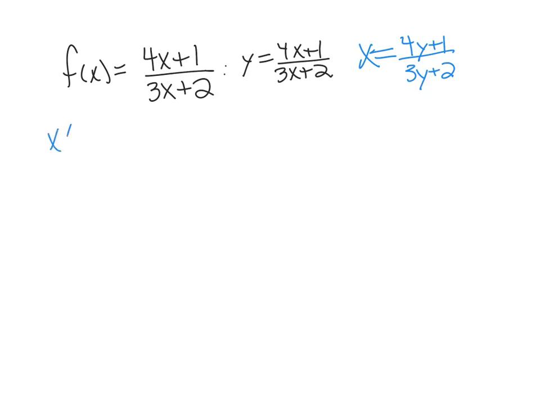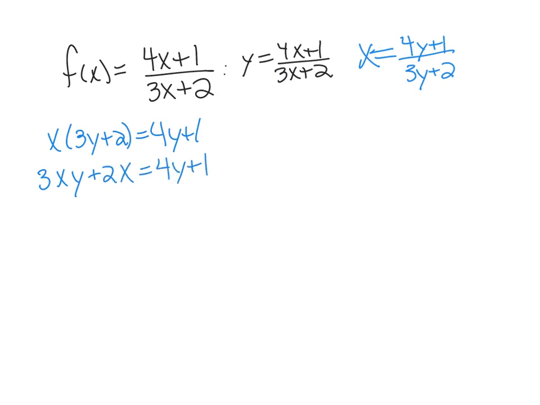Multiply away the denominator. Distribute the x. Be careful. And now I want to get my y's together. So I'm going to subtract, sorry, that's a y. Subtract 4y from both sides. And I also want to get rid of the 2x.